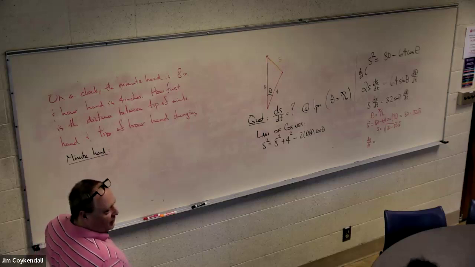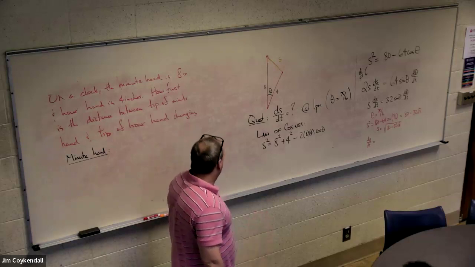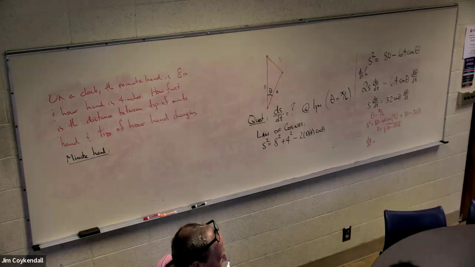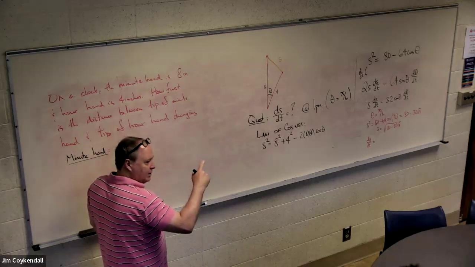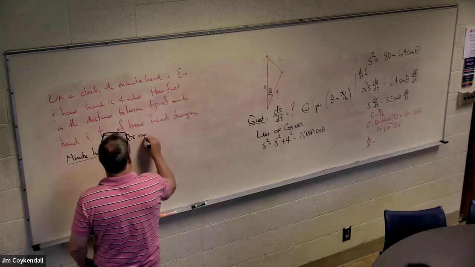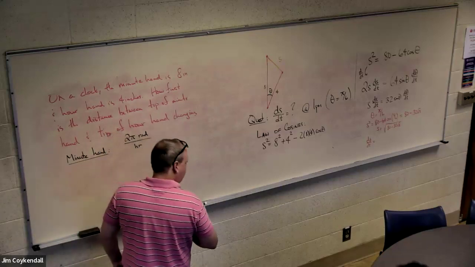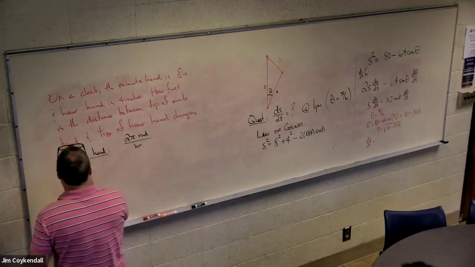How fast does the minute hand spin? It goes all the way around in what amount of time? An hour. So all the way around is how many radians? 2 pi in 1 hour. And how about the hour hand?